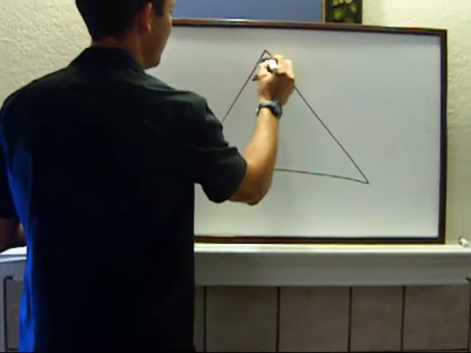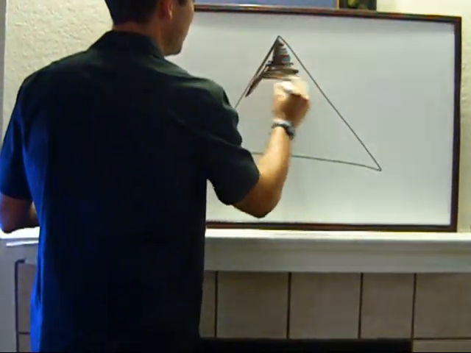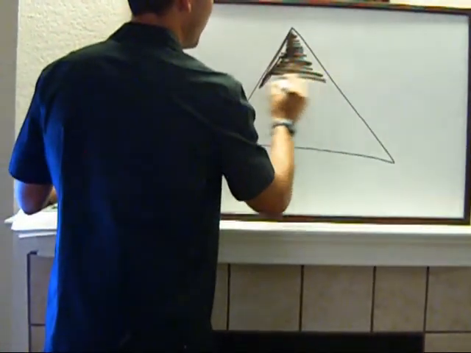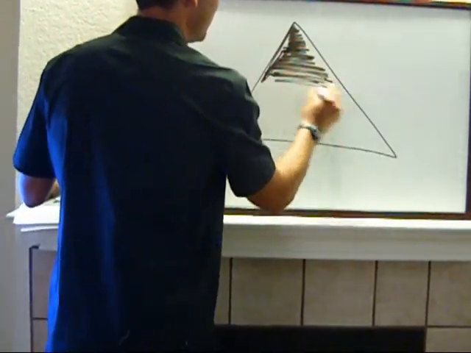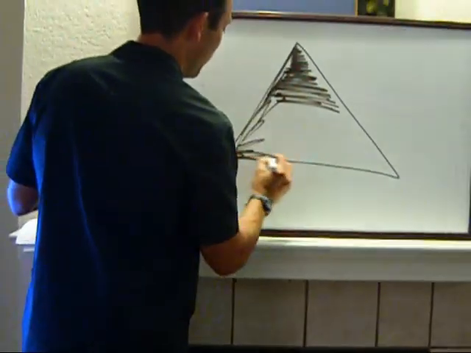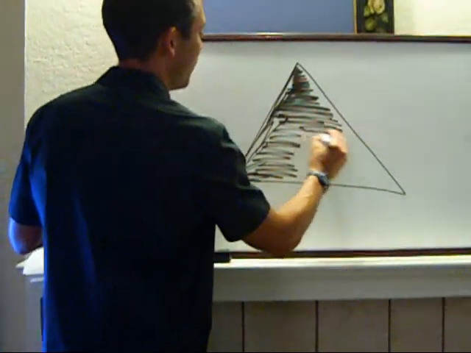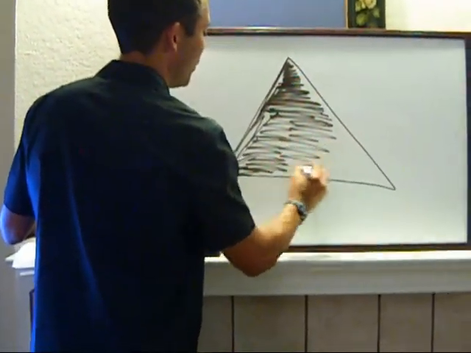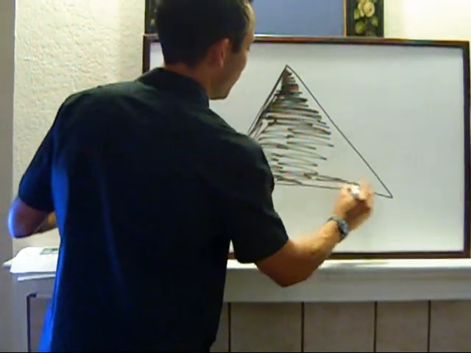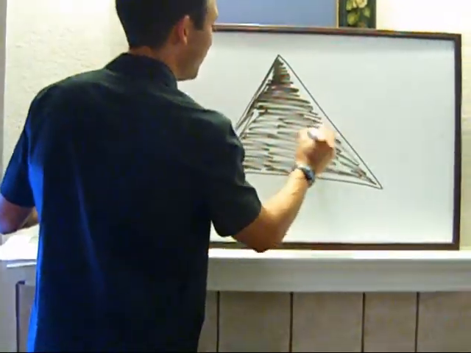Okay, I'm just going to color in the interior of this triangle. And we're going to shade the entire area within it the best we can right now, in order to demonstrate, and then from this point on we're going to do the iterations of the Sierpinski triangle by taking out some of the interior area.